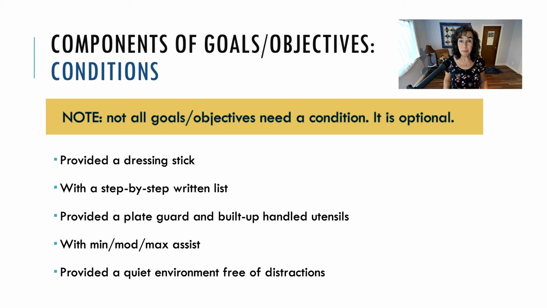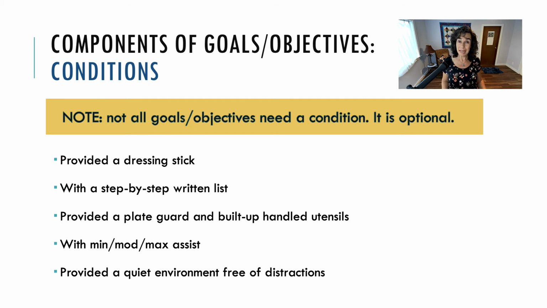The next component of goals and objectives are the conditions. And I want you to note that not all goals and objectives need a condition. It's optional depending on what the behavior is, depending on what the criteria is, and depending on how much help or assistance the individual needs.